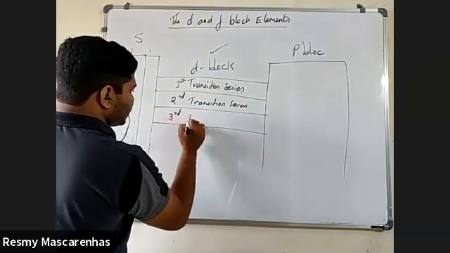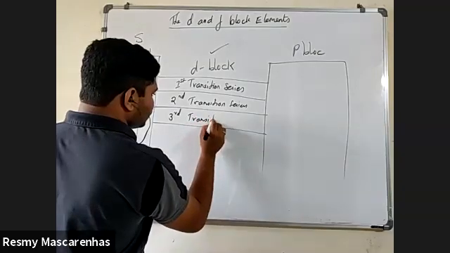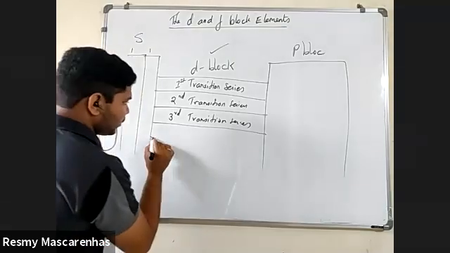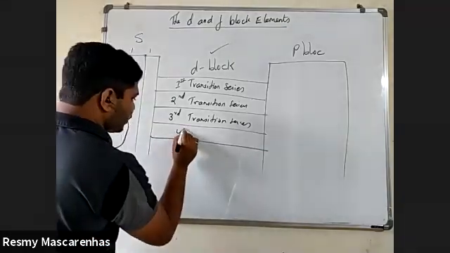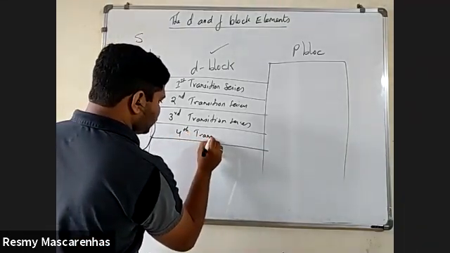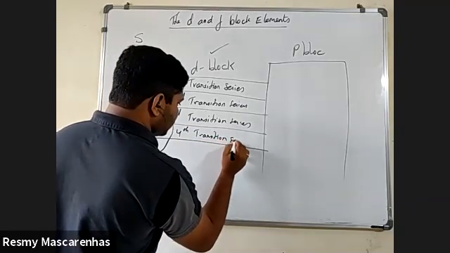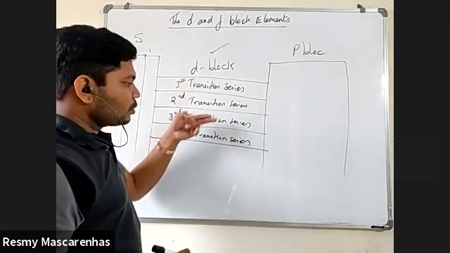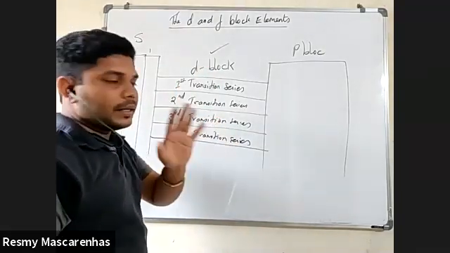Third transition series. Okay, and fourth is there, the fourth transition series. So total 4 rows are there which are coming under the d block.